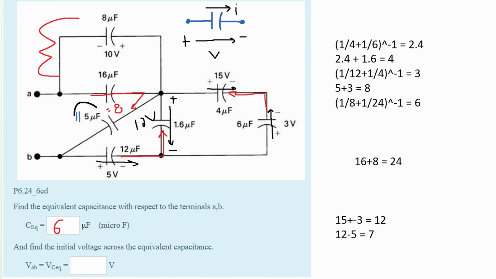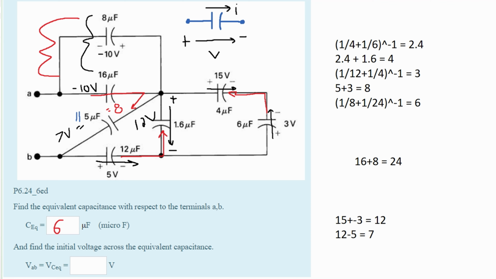Our 15 microfarad right here is in parallel with this, so this is the equivalent to 7 volts here. Now for our 8 microfarad and our 16 microfarad, these are in parallel, so that means our 16 microfarad is going to have 10 volts. However, if we look at this, how the capacitor is written out with the plus and minus, we can see that we're going to actually have a negative 10 volts. So our 16 microfarads is going to be negative 10 volts.